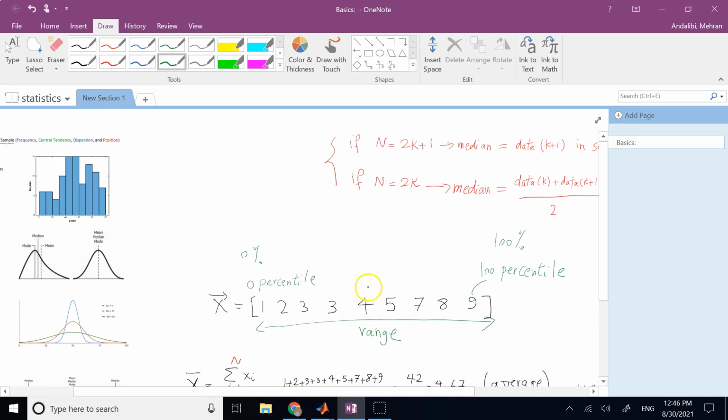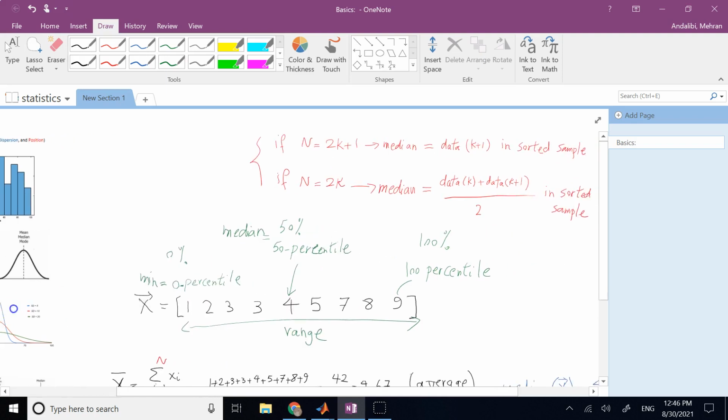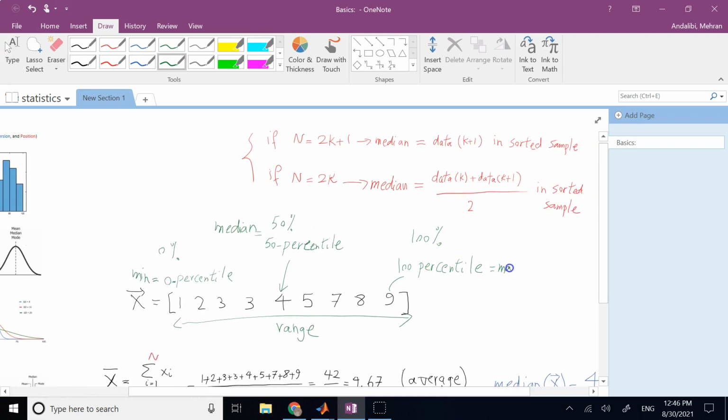Well, that is going to be your median, right? So median is where you have the 50 percentile or 50% of the data. That's the median, correct? So median is 50%, min is 0%, and max is 100 percentile of the data.